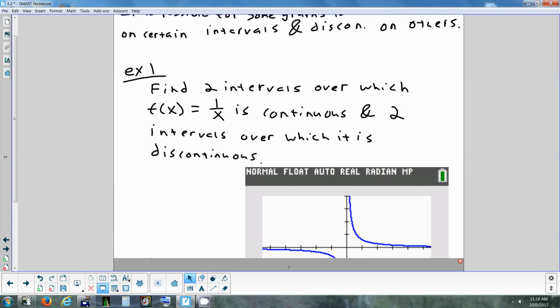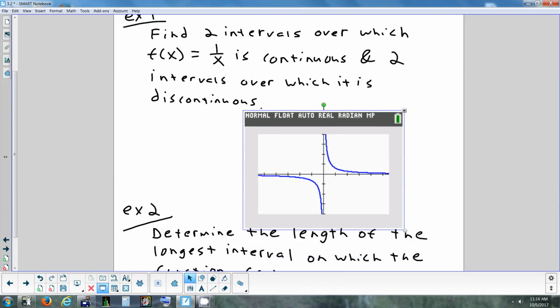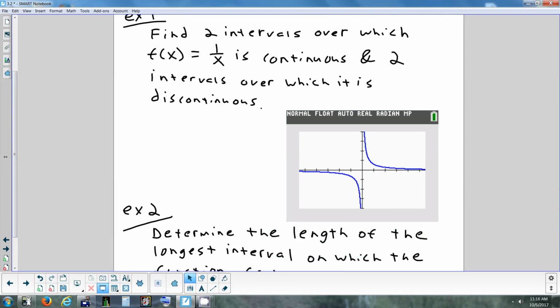All right, so let's start with naming an interval that's continuous. Can somebody give me a starting x value and an ending x value, where if I went along the graph at those points, I would never have to lift my pencil to trace between the 2 points you tell me?